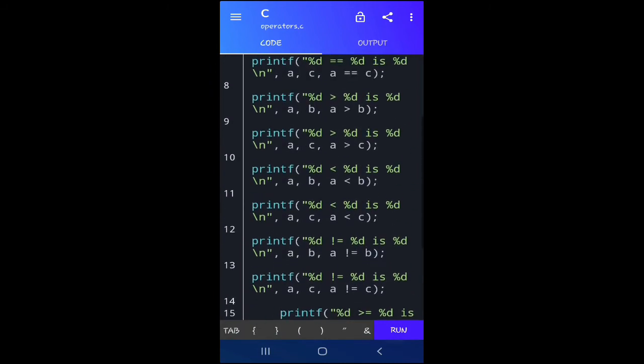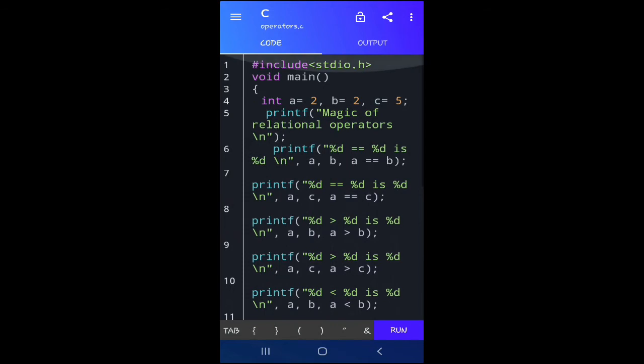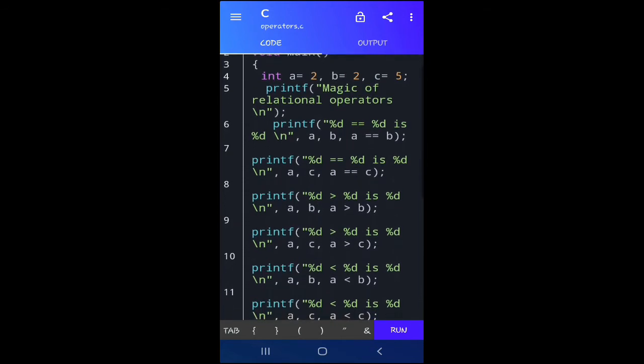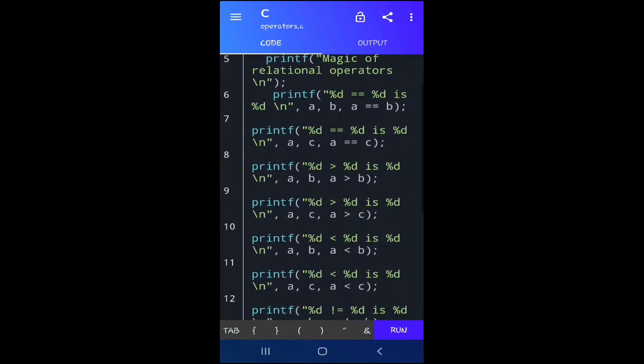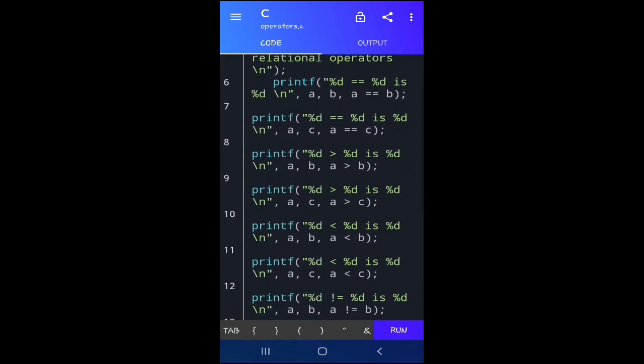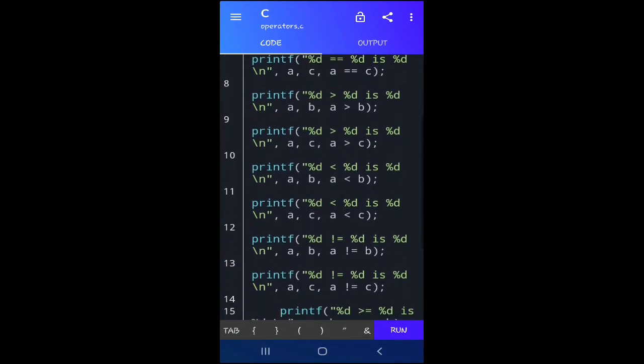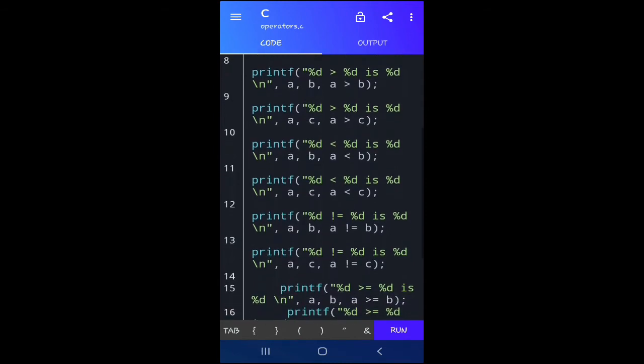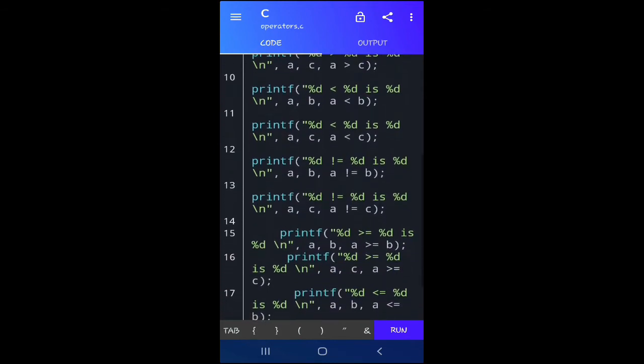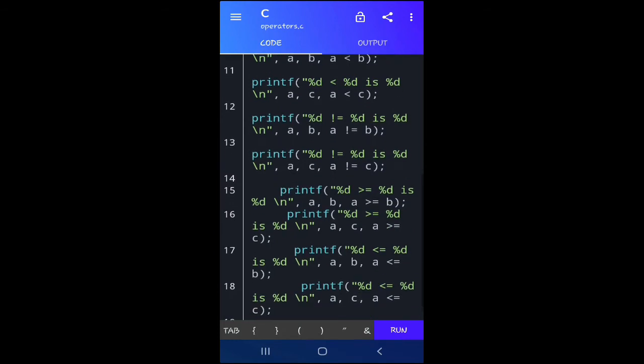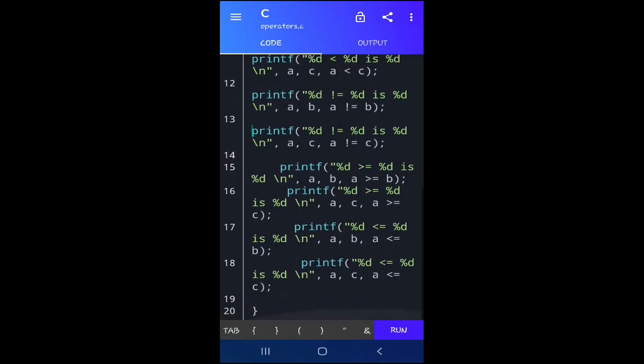I am scrolling down for you to note down our program wherein we have used relational operators. This is the program. Of course you can write your own simplest program.